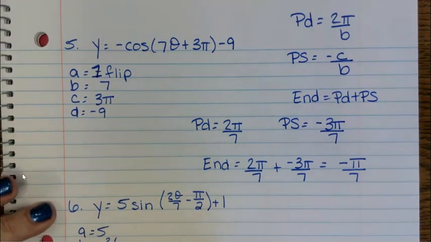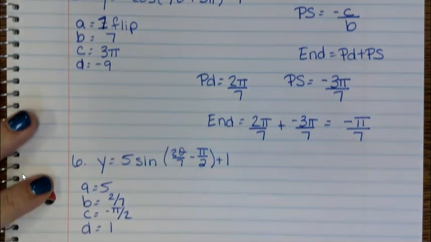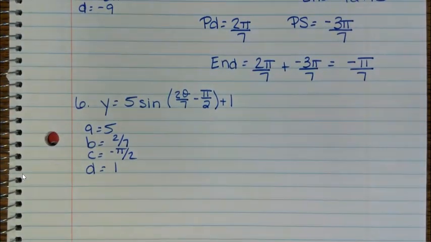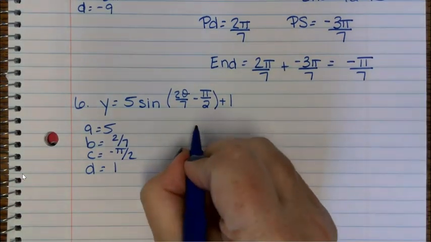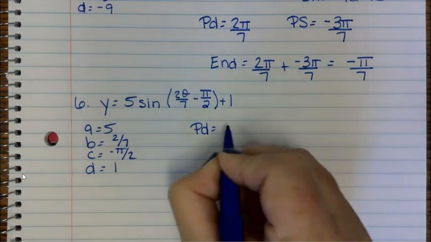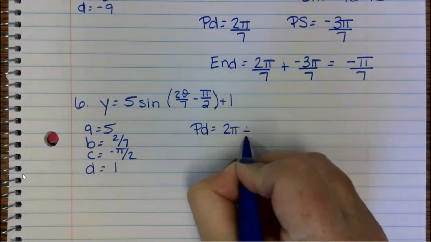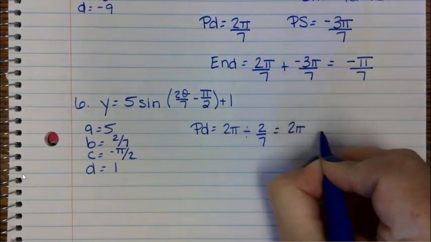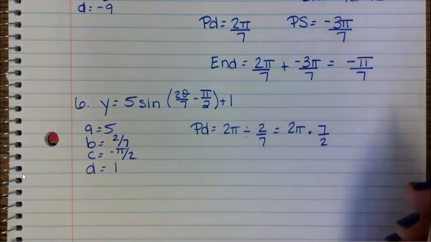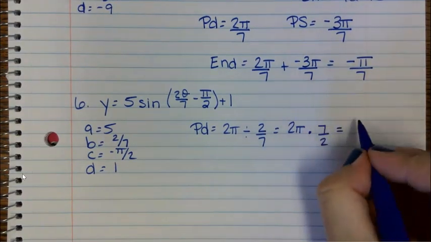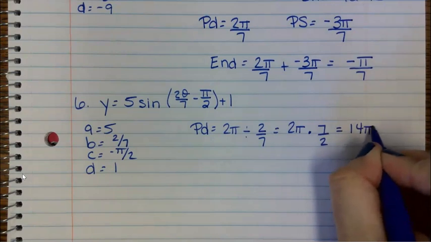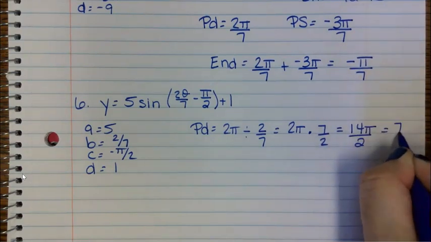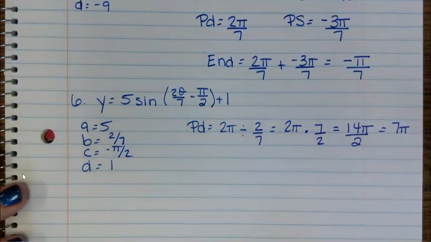I'd rather you keep doing it than trying to change. Okay, here we go. Period. 2 pi divided by 2 over 7. Keep, change, and flip. So I get 14 pi over 2, which is just 7 pi.